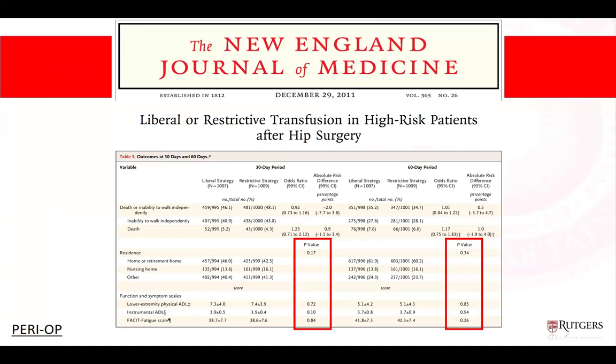The theory was that in patients with higher cardiovascular risk, a liberal transfusion criterion of 10 grams per deciliter might improve outcomes, and that was shown not to be the case. In both groups, there was no significant difference in death, mobility, where they went afterward, or functional scores.